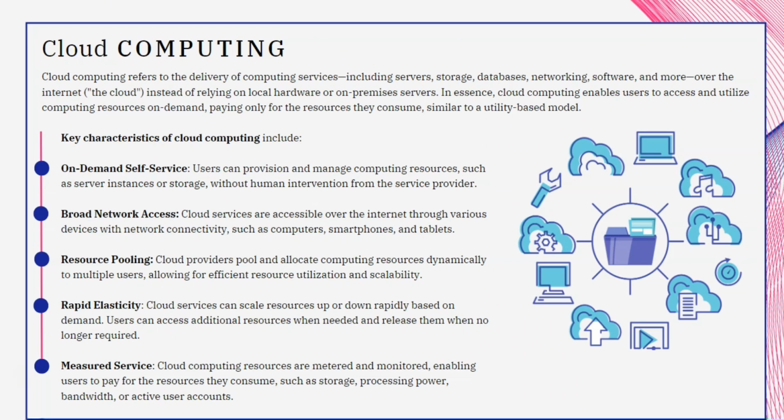Cloud services are accessible over the internet through various devices with network connectivity such as computers, smartphones, and tablets. Cloud providers pool and allocate computing resources across multiple users, allowing for efficient use. So you don't have to pay for what you don't need. If you only need 100 gig of space, for example, you pay for that.